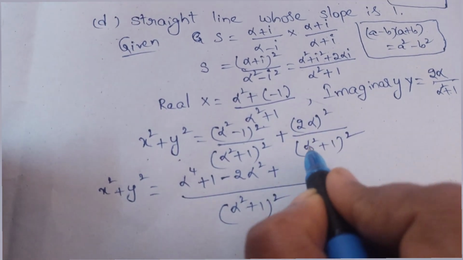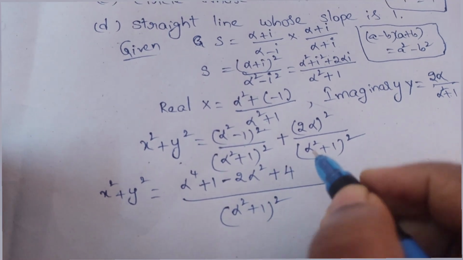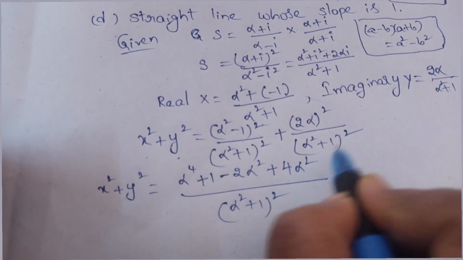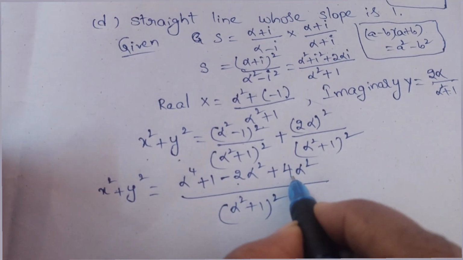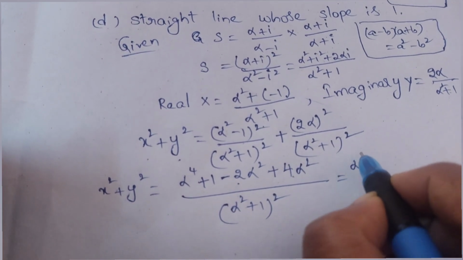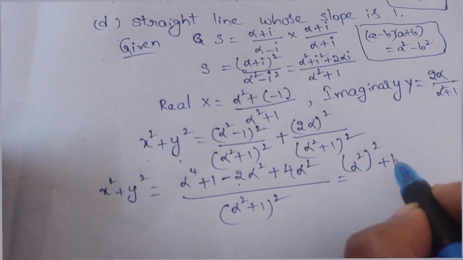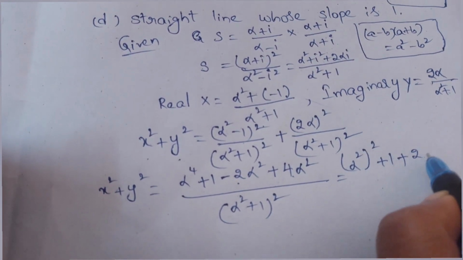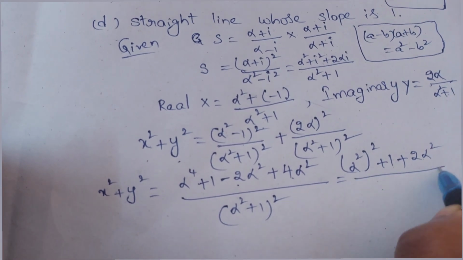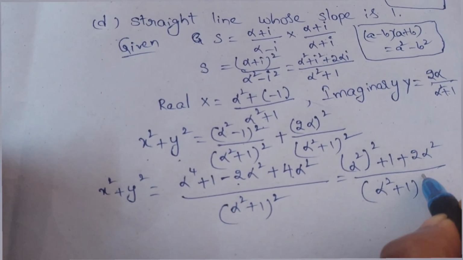The next part is 2 alpha whole square. 2 square is how much? 4 into alpha square. Now minus 2 alpha square plus 4 alpha square: alpha square whole square plus 1, and minus 2 plus 4 gives plus 2 alpha square, divided by alpha square plus 1 whole square.